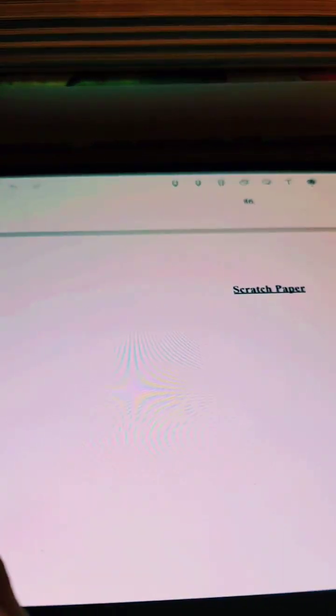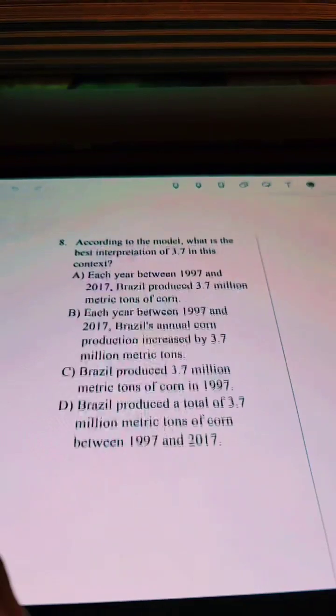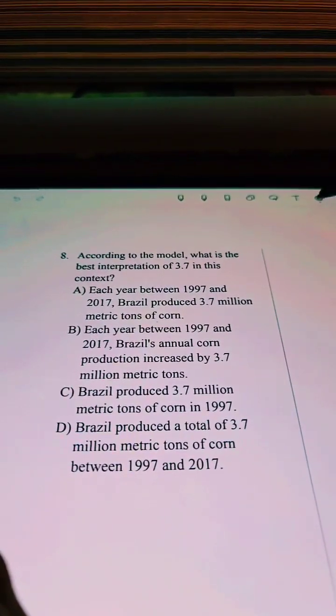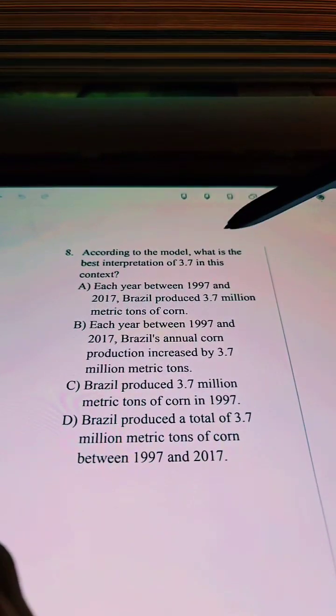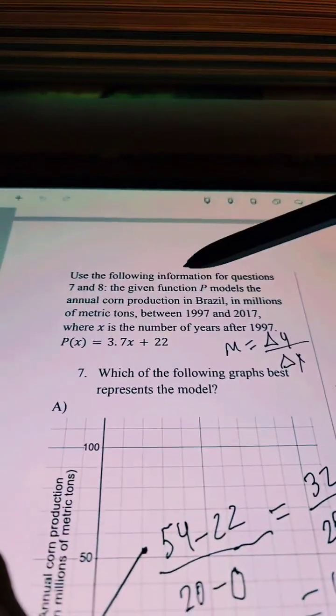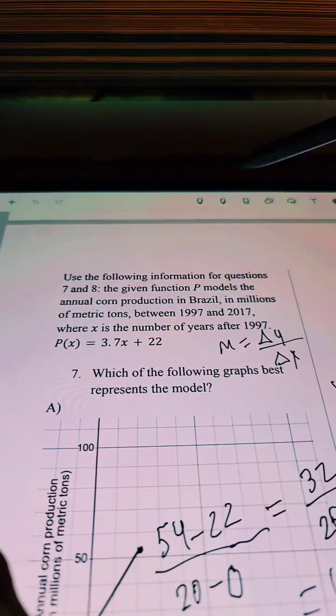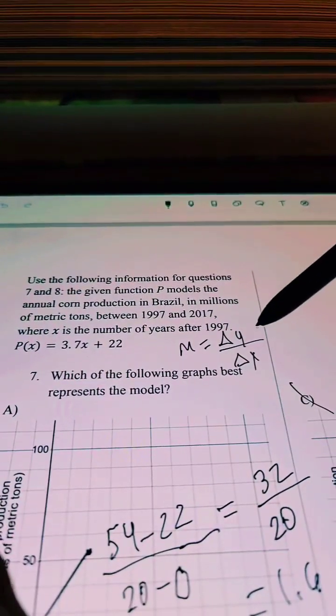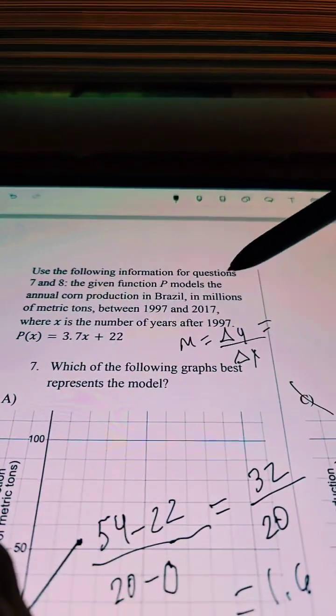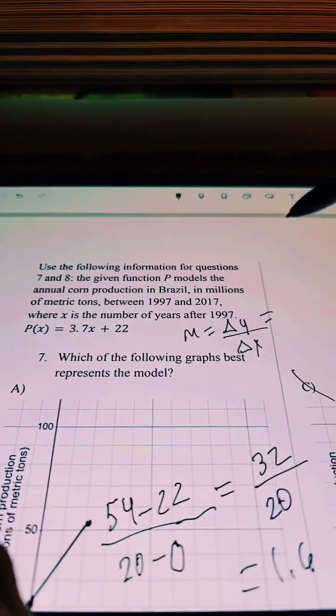So let's keep going. Okay, according to the model, what is the best interpretation of 3.7 in this context? So remember, 3.7 is our slope, and we have to think of the units, because slope is the change in y over the change in x. So if we're thinking in units, what does y represent?